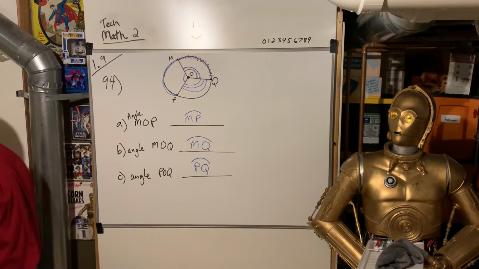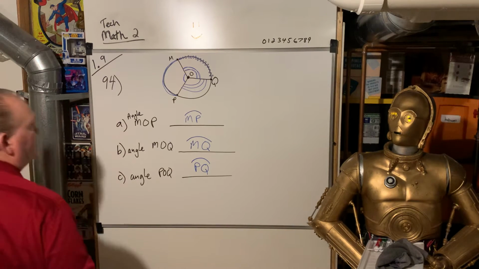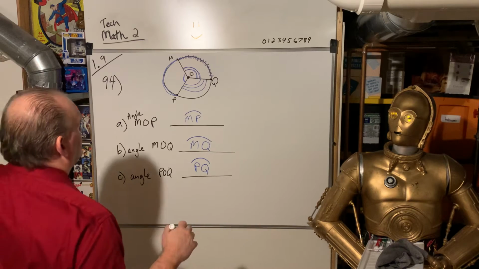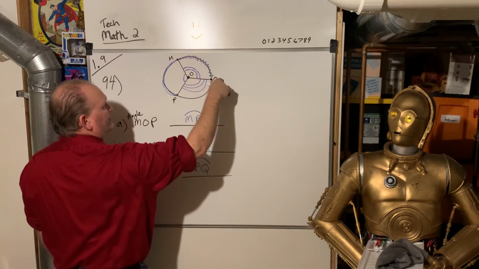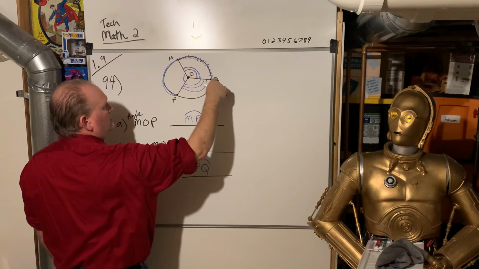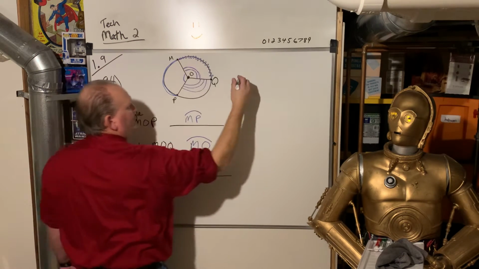So tell you what I'm gonna do. Let's pretend like they asked a tougher one for a major arc. What if they would have wanted us to identify QOM?